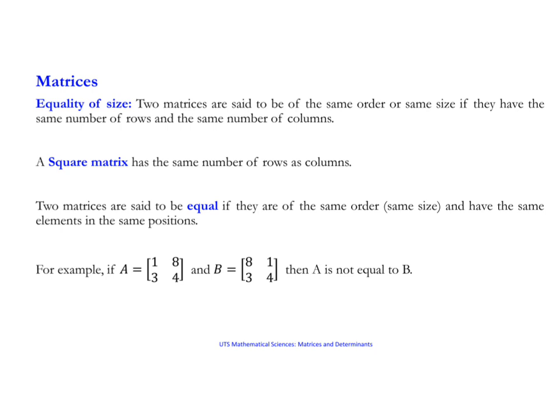So if we look here, A is a 2 by 2, and so is B, and although they both have 1, 8, 3 and 4, these are not in the same place in the matrices. Therefore, these two are not equal. So we can write that A is not equal to B.